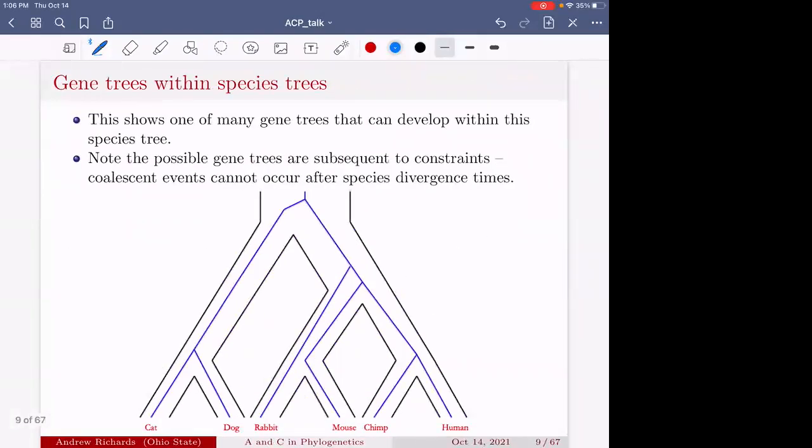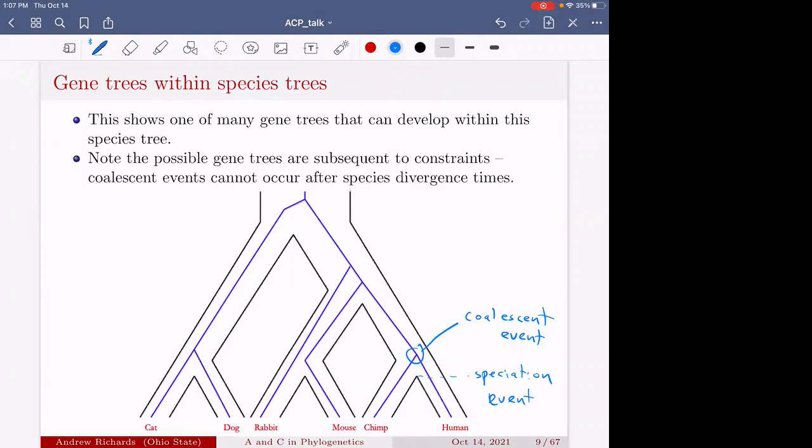And so here's a picture of a gene tree evolving within a species tree. Our coalescent time would be this node here. That's a coalescent event. And clearly this coalescent event has to occur further in the past than this speciation event between humans and chimps.